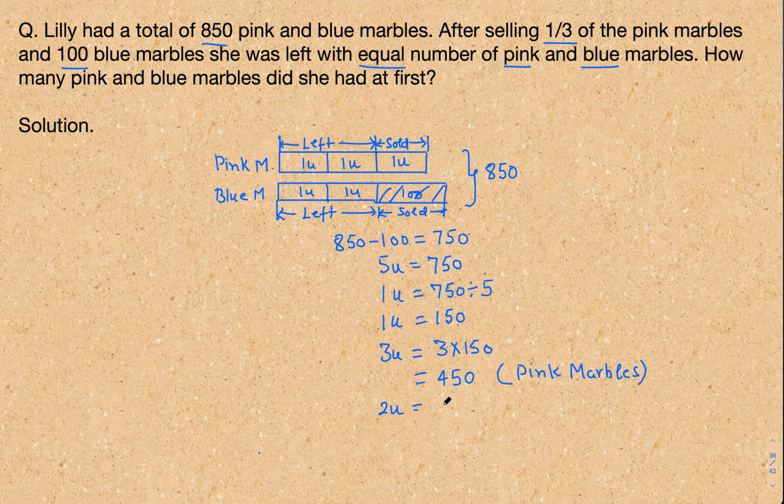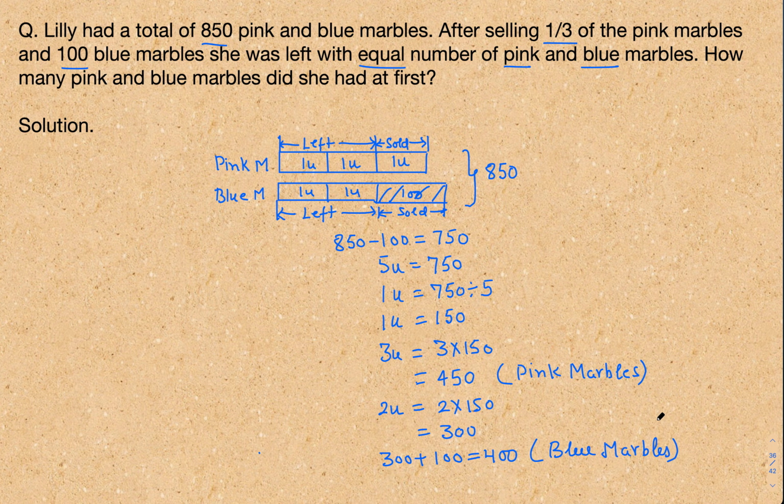It will be 2 times 150, that will give us 300, and then add back another 100 to get how many blue marbles there were at first. 300 plus another 100 will give us 400. So there were 400 blue marbles.